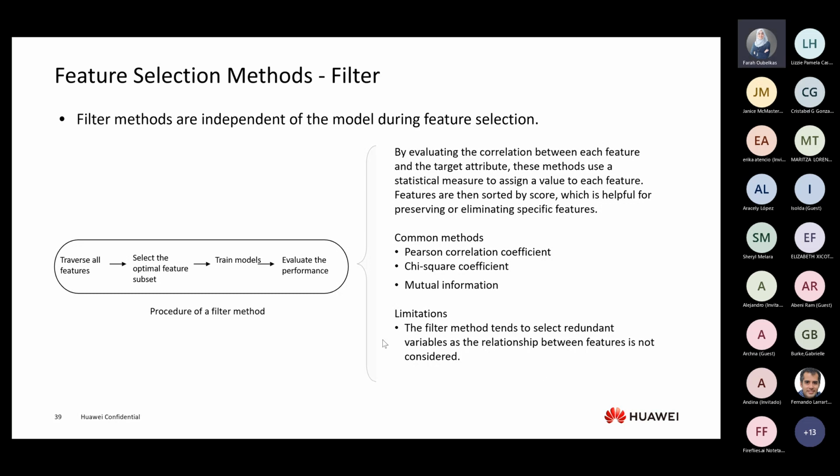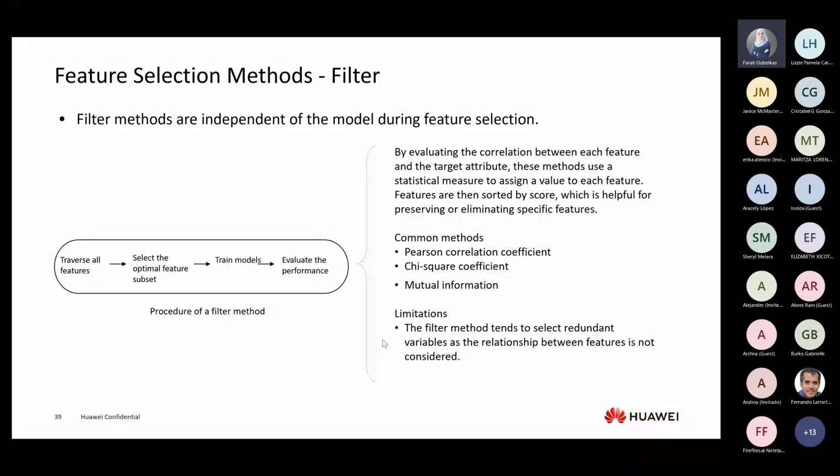So what we do in the filter method is that we drop variables that have very low correlation with the target. Now remember when I was talking about supervised and unsupervised methods, I was saying that in unsupervised methods, we don't actually care about the correlation with the target variable.